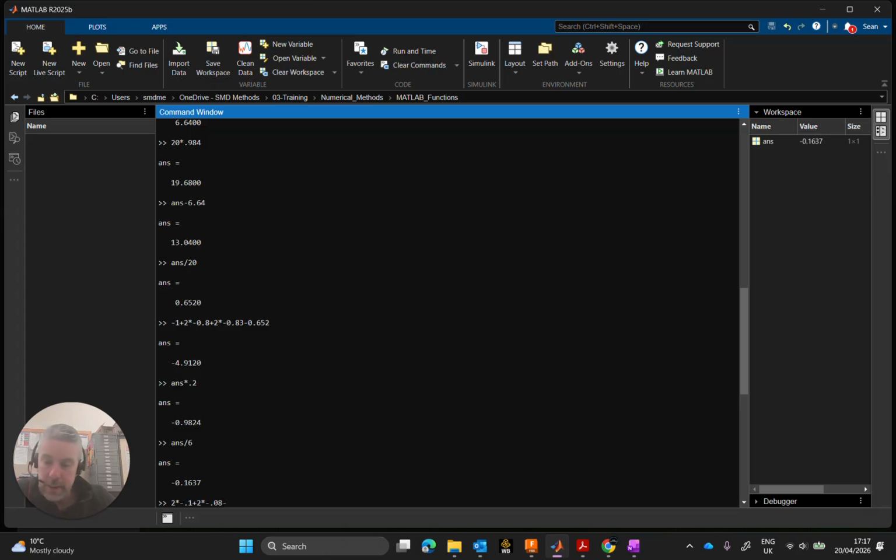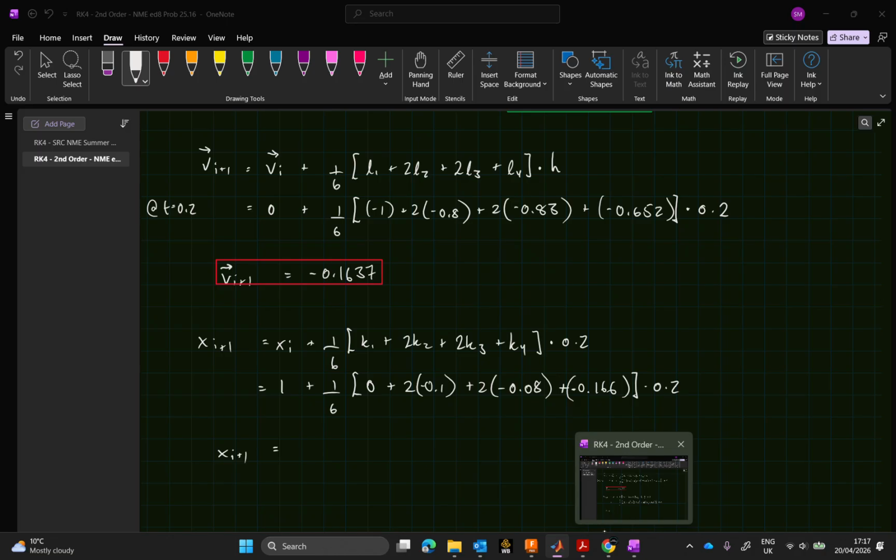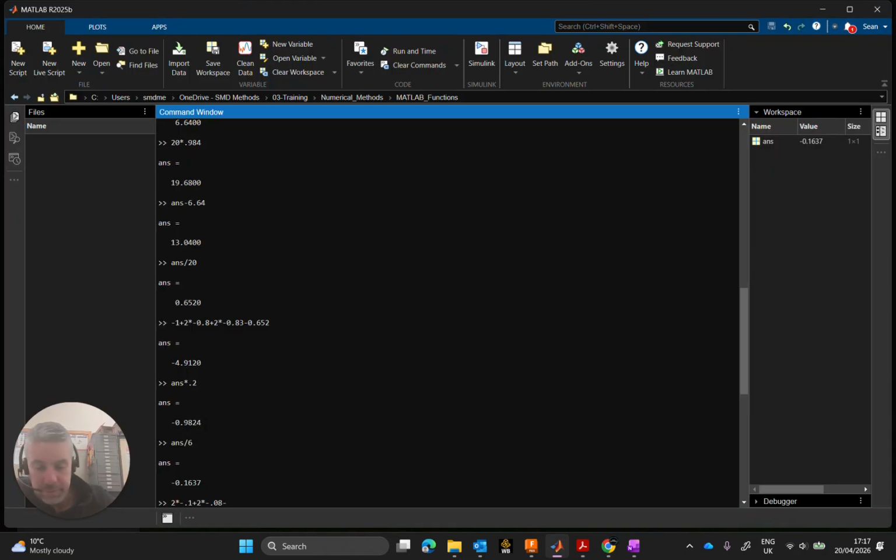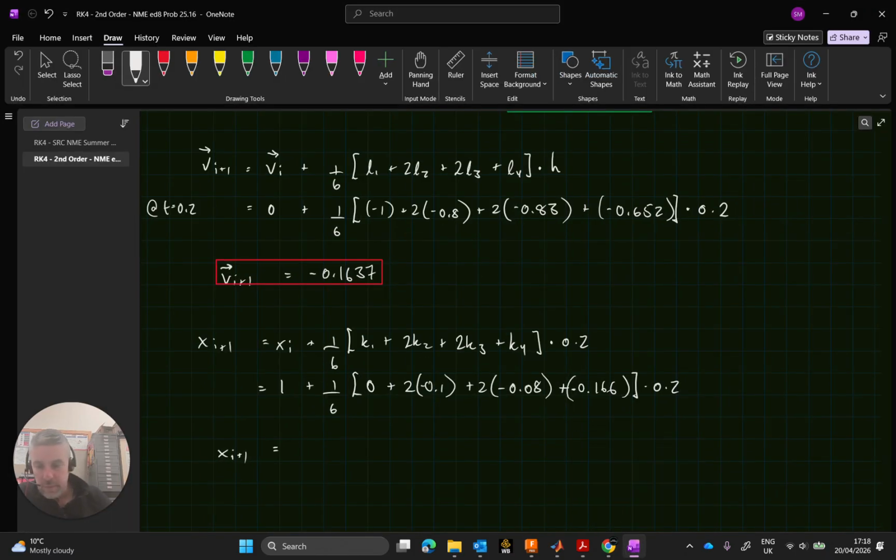And then this one here was a minus, and this one took us to minus 0.166. That gives us 0.526. Answer multiplied by 0.2, which is our step size, gives us our adjustment. And the answer there divided by 6 is minus 0.0175. And our answer then plus 1 is equal to 0.9825.